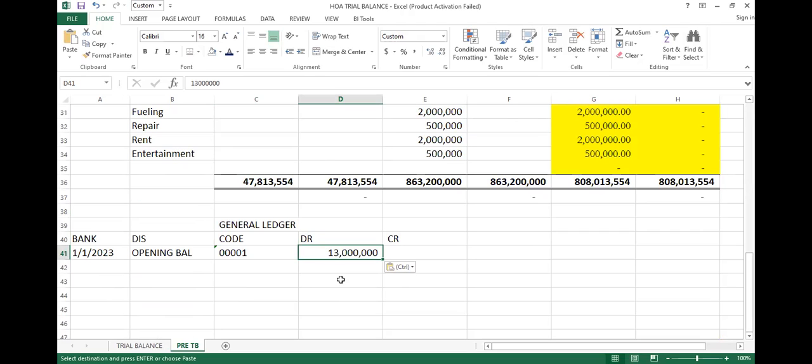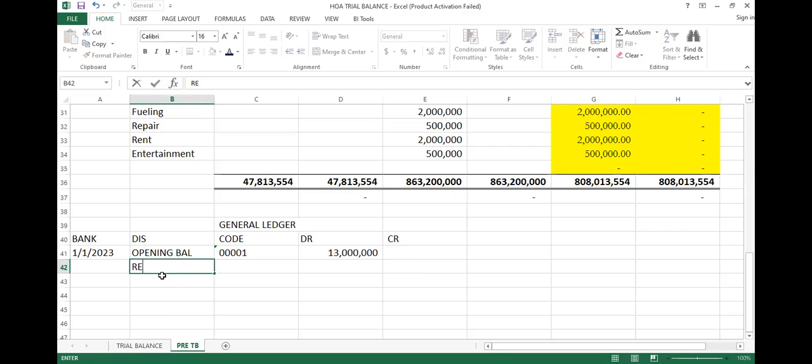Are we getting that now? Then we will now start having different types of transaction in the year. Receive, let's say income. We have the director also pays some money into our bank account.